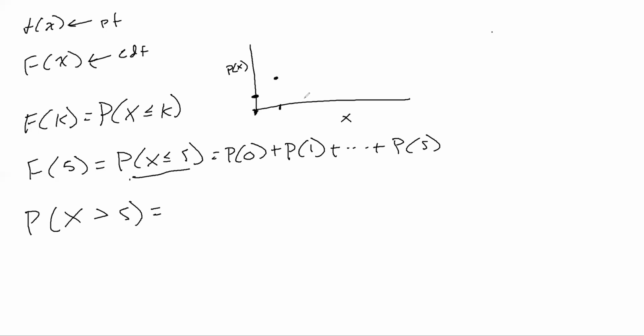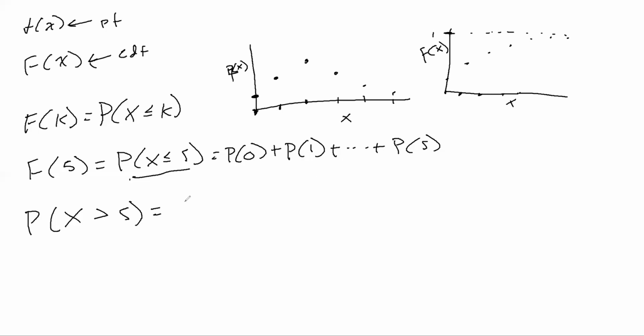Maybe this is the probability of X being 1, being 2. Maybe it looks something like this. This would be our little f, our probability function. The cumulative function of X will look like this. It's cumulative probabilities, and it's going to start at 0 and go to 1, because it can't be greater than 1.